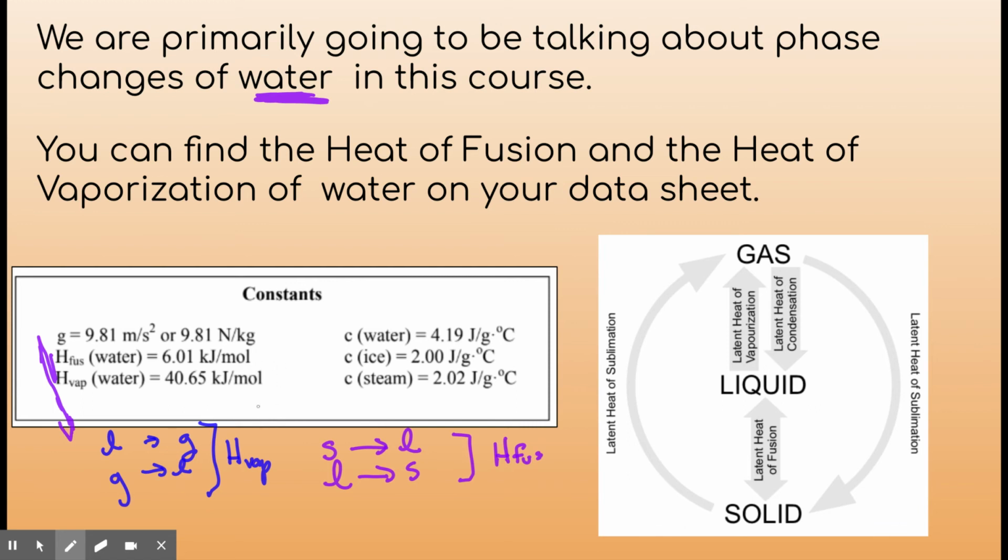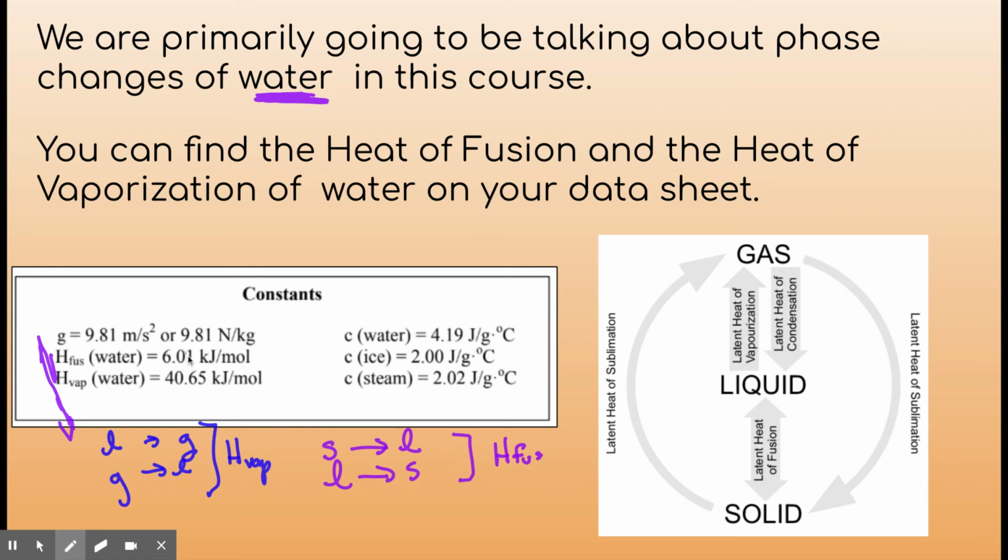And what those constants actually mean is basically how much energy, how many kilojoules of energy is required in order for that phase change to occur for 1 mole of water.